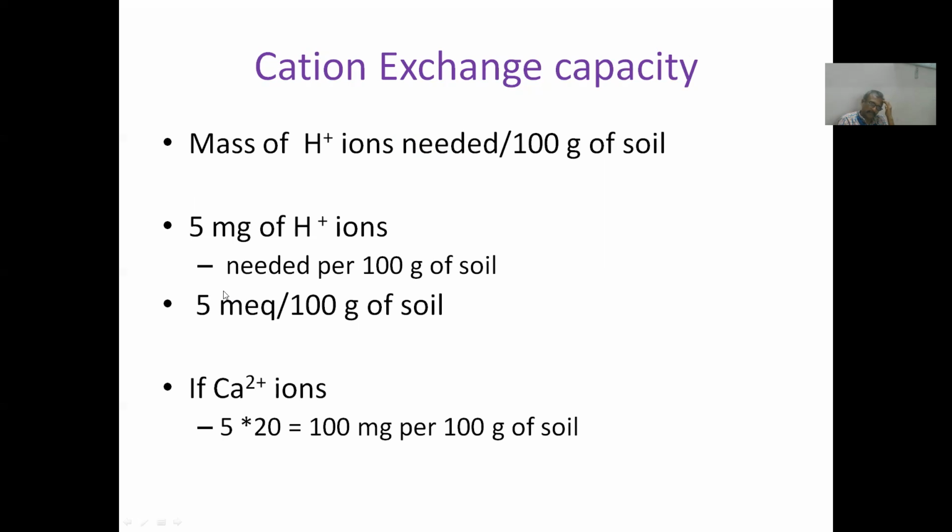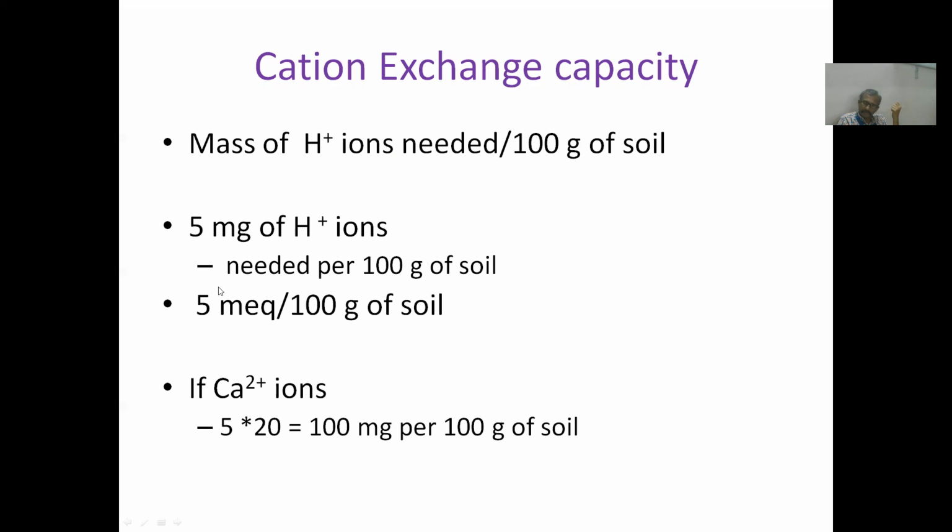So whenever you read 5 milli equivalents per 100 gram of soil, you should expand and understand that MEQ should be replaced with milligrams of hydrogen ions per 100 gram of soil. So instead of using hydrogen ions, if we make use of calcium ions to neutralize it, how much mass of calcium is needed?